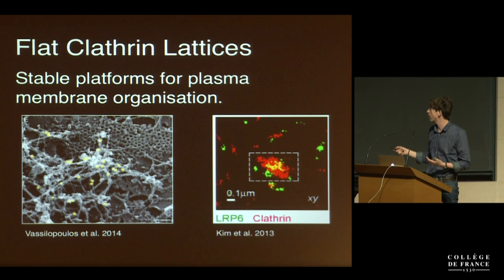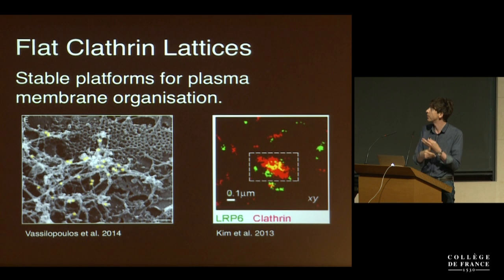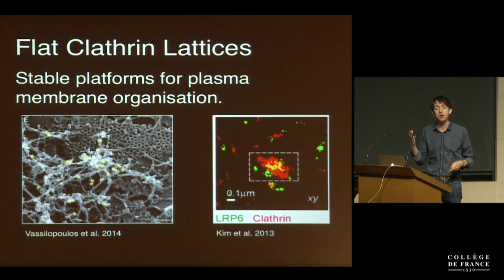And then this work from a group in Yale demonstrates these large clathrin structures are necessary for the assembly of signaling complexes in Wnt signaling. So we would propose that flat clathrin lattices represent stable platforms for the organization of the plasma membrane. And we are interested in the future to understand what implications this has for membrane signaling, but also for virus entry.